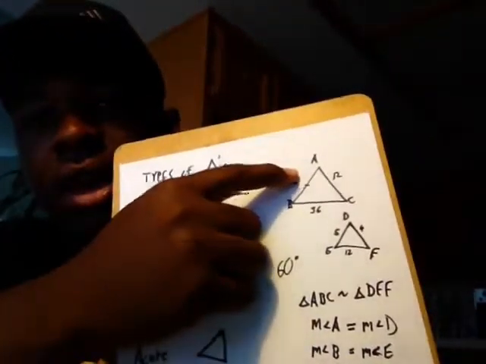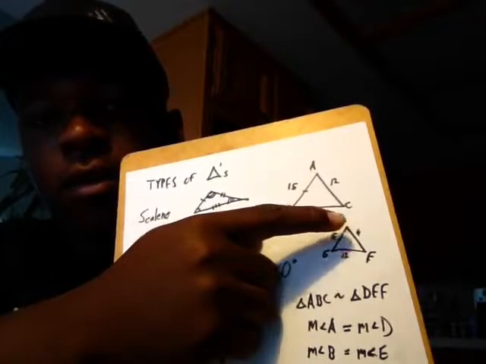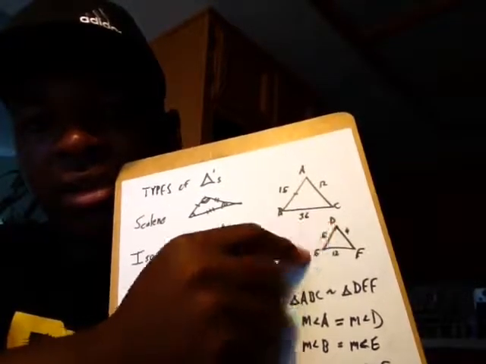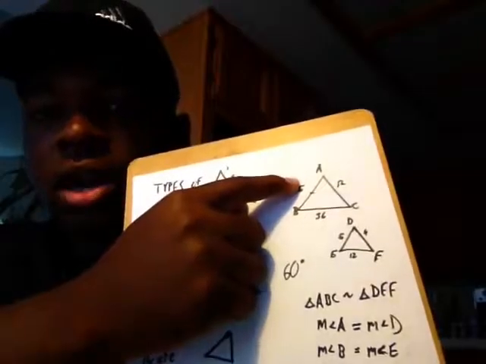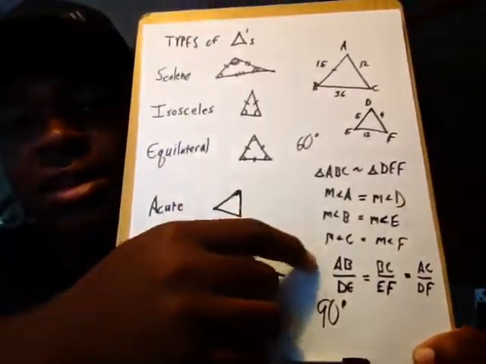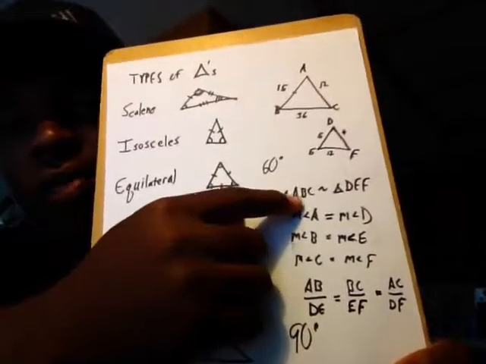So you have AB over DE. AB, DE, right? So basically what the property is saying is, if you have AB and DE and you divide one by the other, you will get the same thing if you divide any other side by its corresponding side.